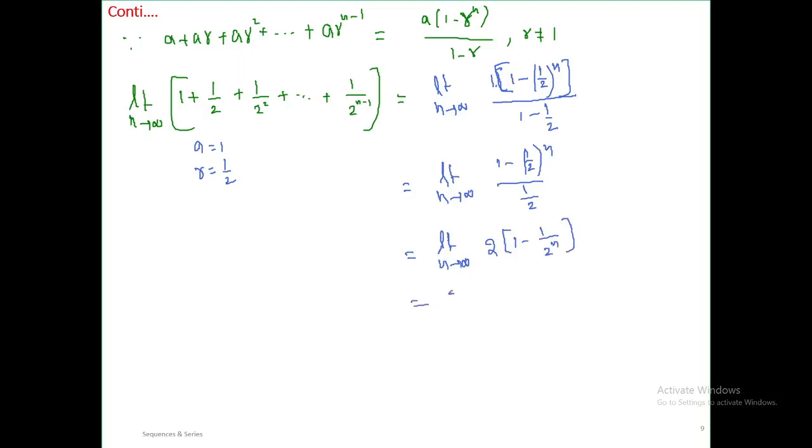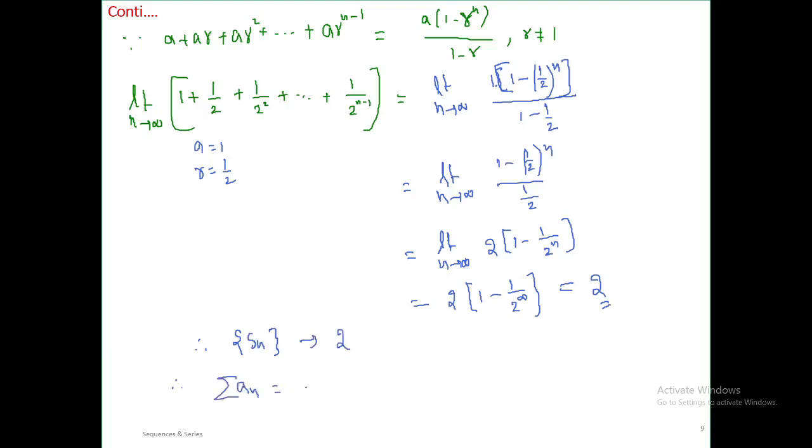Now you apply the limit. So 2 into, what will you get? 1 minus 1 by 2 to the power of infinity. 2 to the power of infinity is infinity, 1 by infinity is 0. So the final answer is 2. That's it. Therefore I can say that the sequence of nth partial sums Sn converges to 2. So therefore the series an also converges to 2.